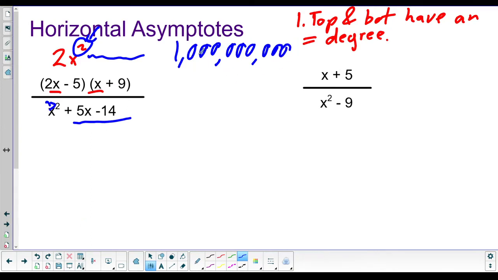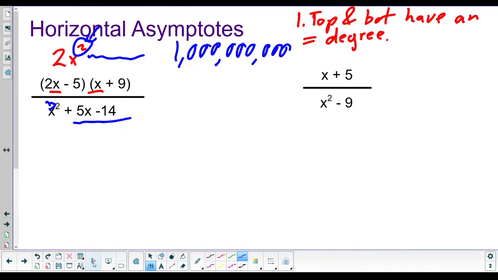Yeah, 1,000, million, billion. Then these other terms are not going to be very big, right? 5 times a billion will be 5 billion. But a billion squared is this with 9 more zeros on it. It's so much bigger. It's a billion times bigger, right? So it kind of overpowers it.